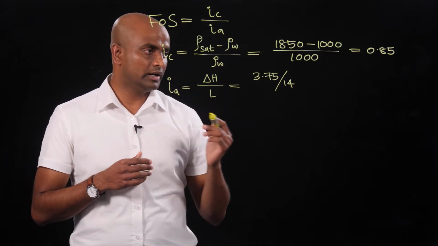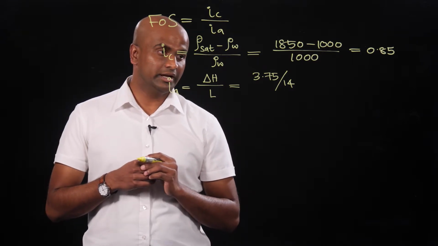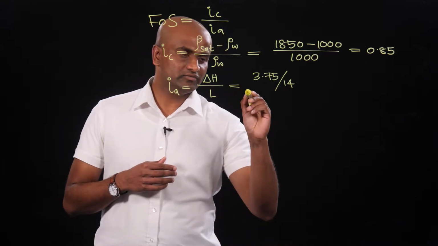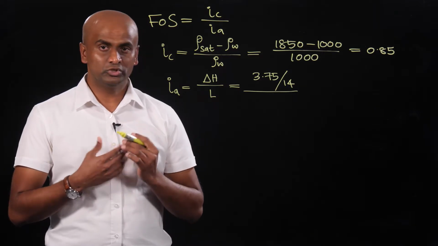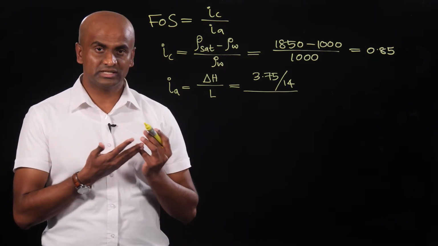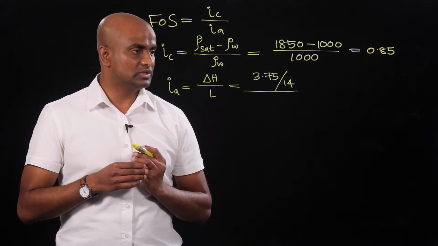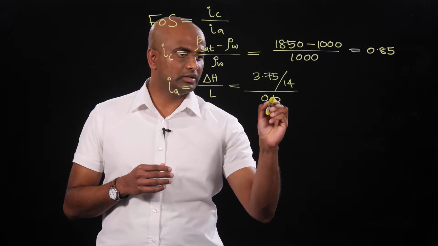So across the exit square also the head drop is 3.75 divided by 14, and the length of the exit square, which you usually have to measure, since this is a scale drawing, you have to use the scale to measure it up. However, for this question that length is measured as 0.5 meter.